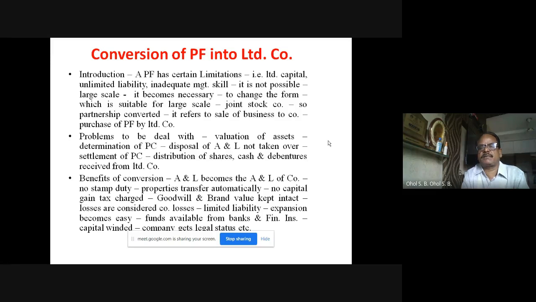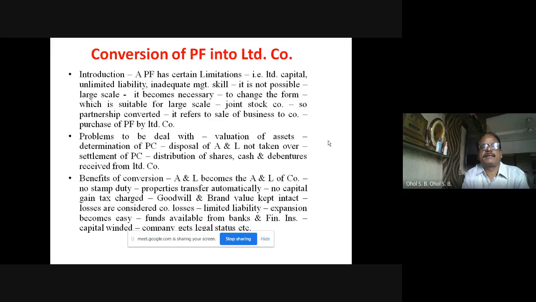First, there is limited capital, because two or three partners come together with their limited capital. Then unlimited liability: when large losses arise in the partnership firm, the private property of the partners can come into danger.